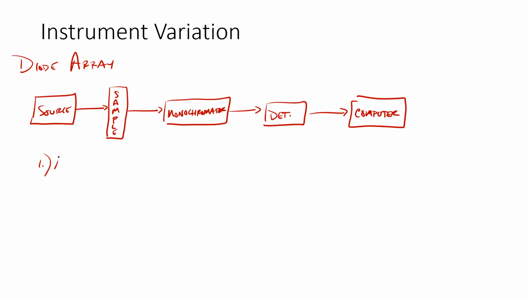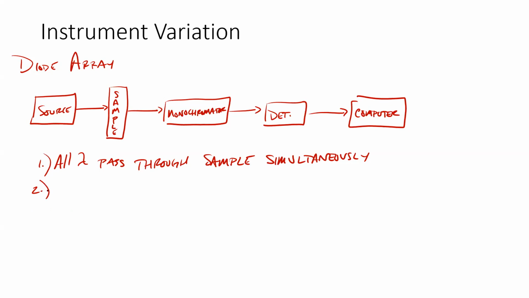And so all wavelengths pass through the sample simultaneously. But with a diode array detector, what happens is we're also able to detect all of those wavelengths simultaneously.